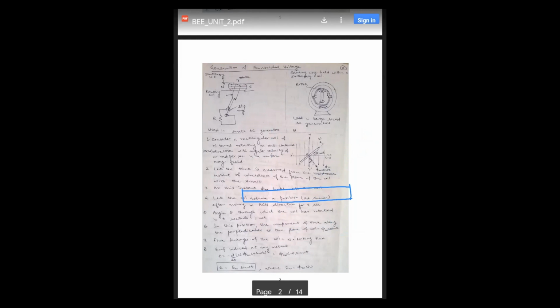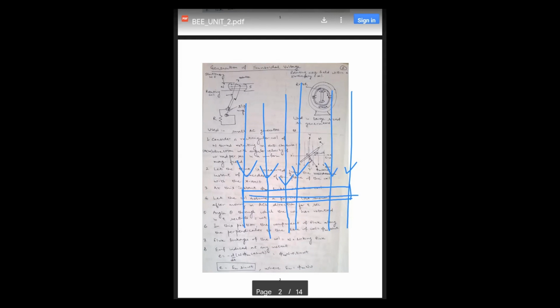In this position, when this conductor is placed in the uniform magnetic field, the maximum flux is associated with it, because the position of those flux lines and the rectangular coil are at 90 degrees to each other. So maximum flux is associated with it.